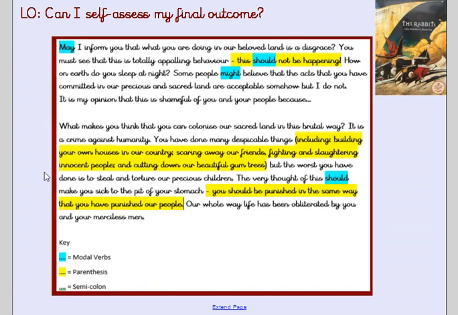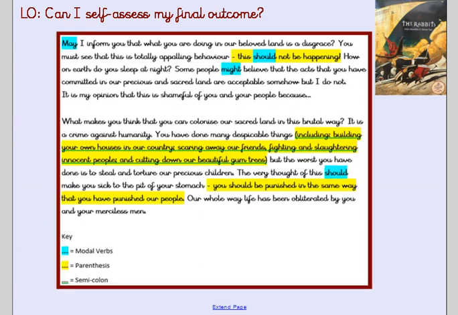I then want you to look at parenthesis. Remember, that can be done in different ways. Dashes I've used in here. I've also got a chunk within brackets used as parenthesis, and also another dash. So I've used parenthesis 3 times in mine, and that's something you need to look at within yours. And the final thing is the use of semicolons.